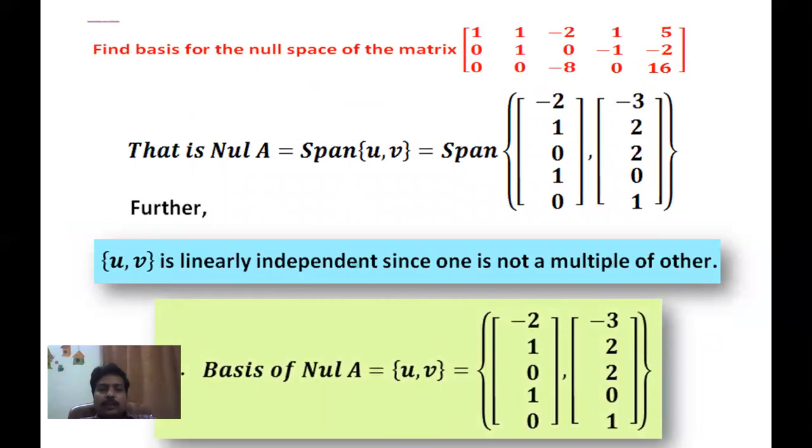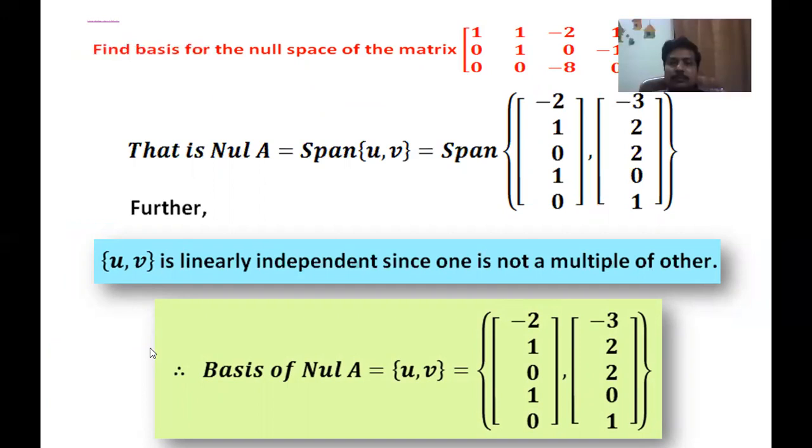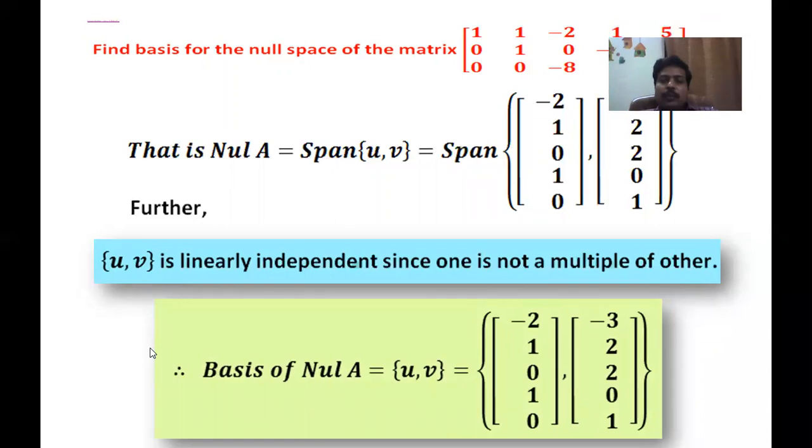So both the properties are fulfilled. So I can say that these two vectors form a basis for null A. Our basis for null A is the set {u, v}, that is, the set of these two. So this is the basis.